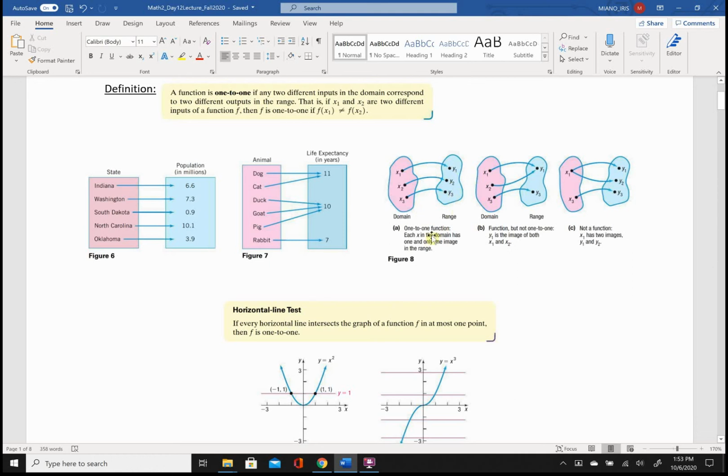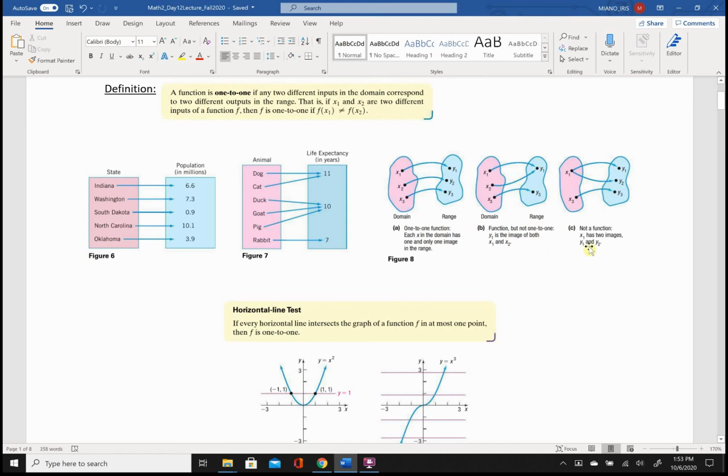In part B, we still have a function, but it's not one-to-one because x1 and x2 map to the same output of y1. So it's not one-to-one, but it's still a function.